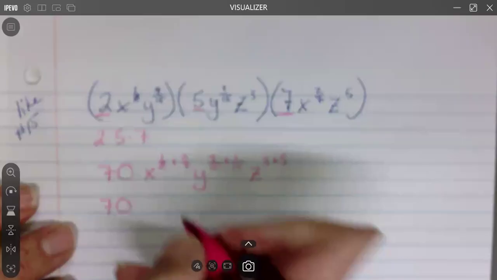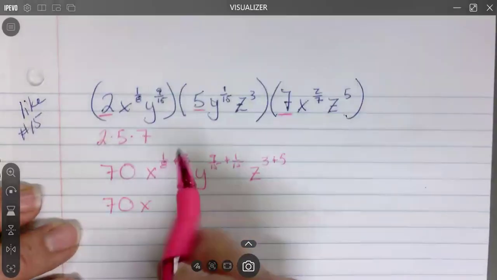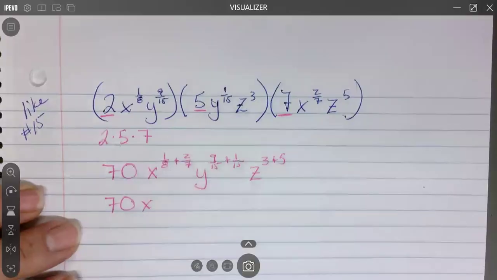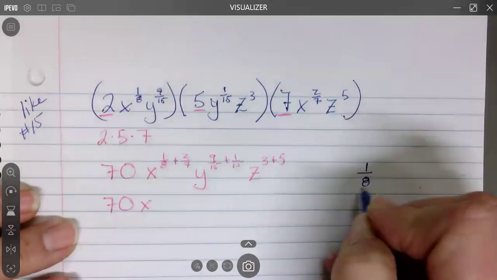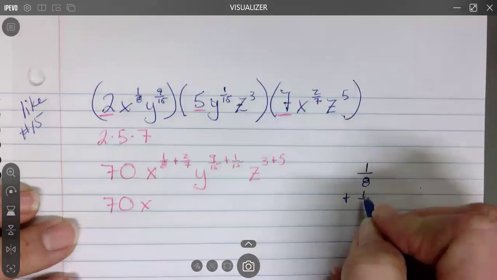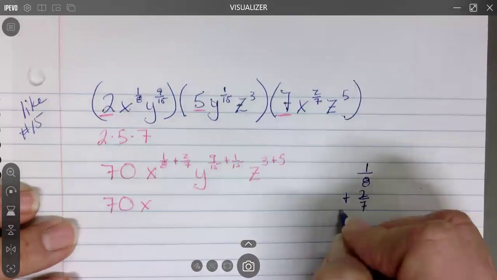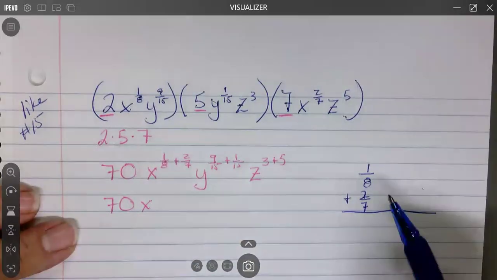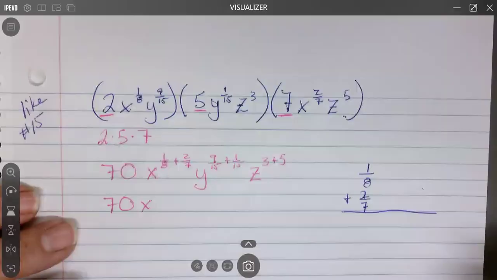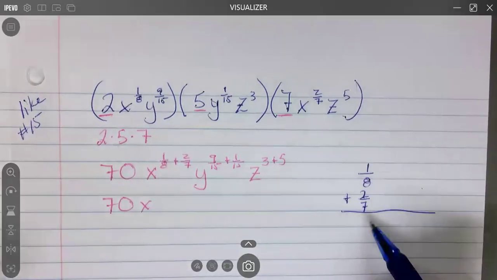And then x, I'm going to do this math off to the side. So if we have 1/8 plus 2/7, I need to have the denominators be the same. So if I multiply them both by 2, it's going to give me, what, 16 and 14? That's not the same.